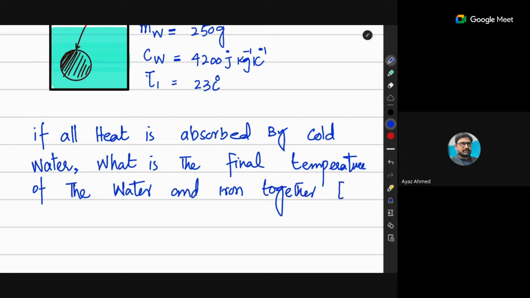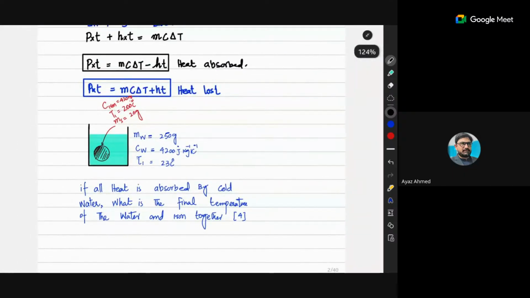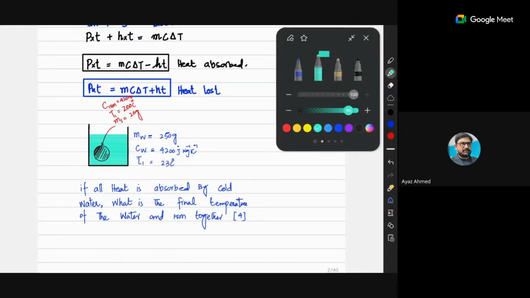Are you getting my point? This is a 4 marks question actually. In a past paper question, it is given to you, and you are supposed to calculate all this. There is an assumption that there is no heat lost or absorbed from the surrounding.